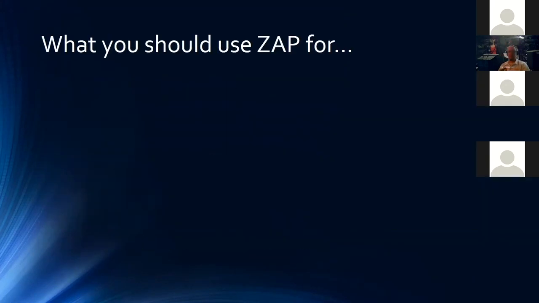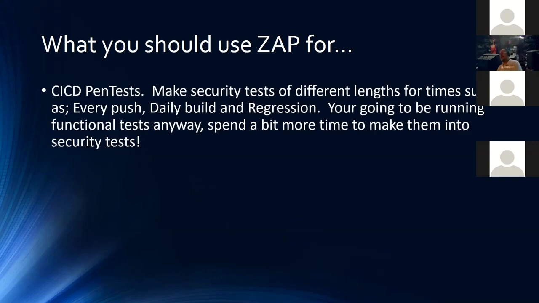All right. So I gave a little preamble of what I think it should be used for, but let me tell you a little bit about stuff that I've seen and what I think you really should be using the product for. I think it's excellent to have CI/CD pen tests with this.